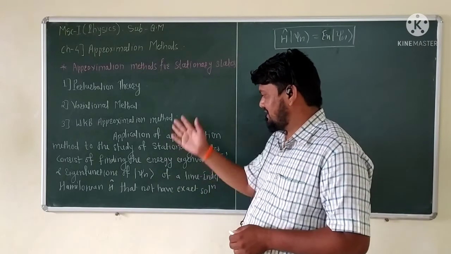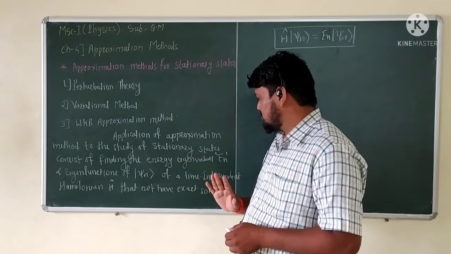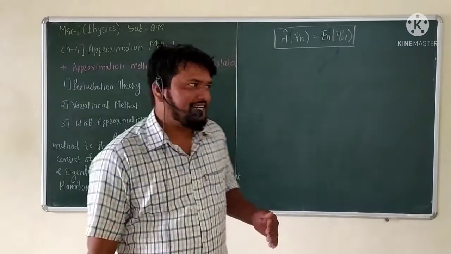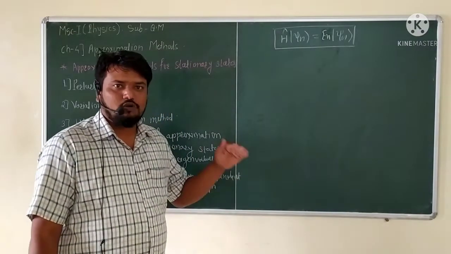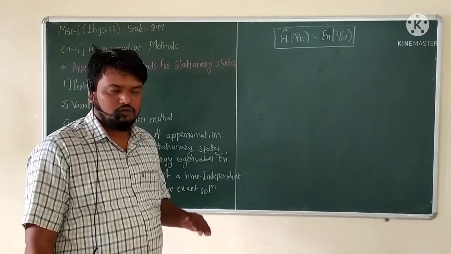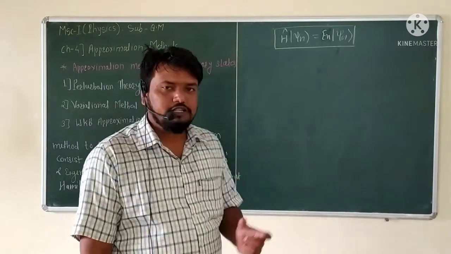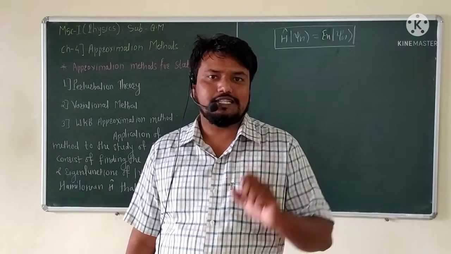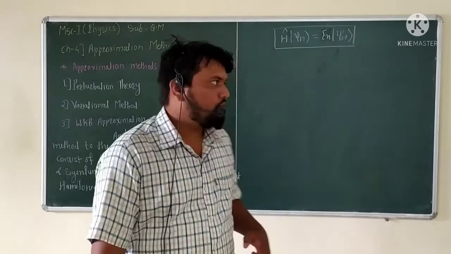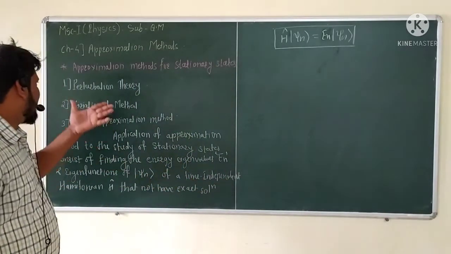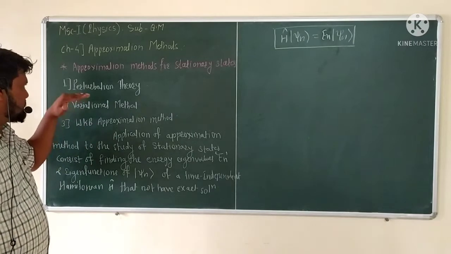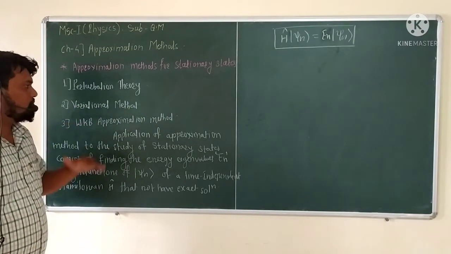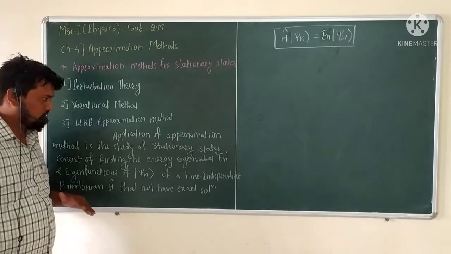In these methods we use the time independent Hamiltonian, which does not have an exact solution. That is why we have to use these three approximation methods: first the perturbation theory, then the variational method, and the WKB approximation method.